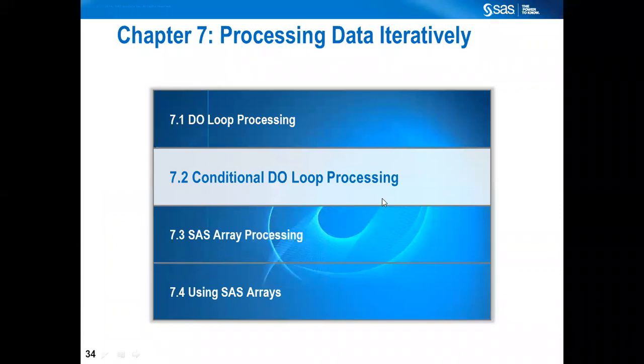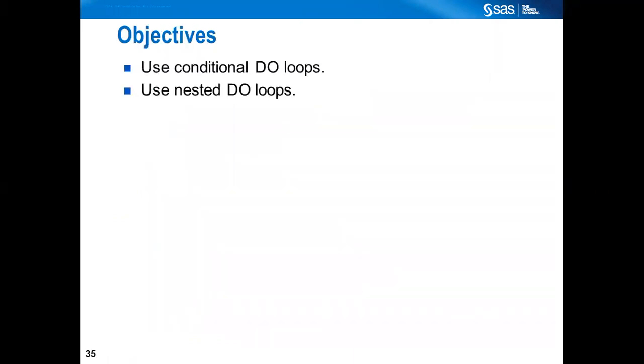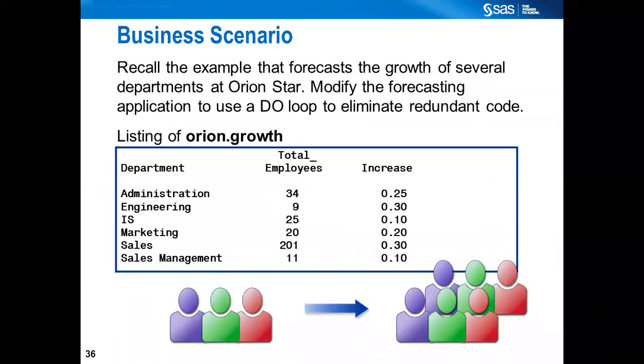All right. So now this was simple looping. Now let's understand how conditional looping works. We'll see conditional loops and nested do loops. Now you have a scenario. This is data for the growth of employees, for each department.